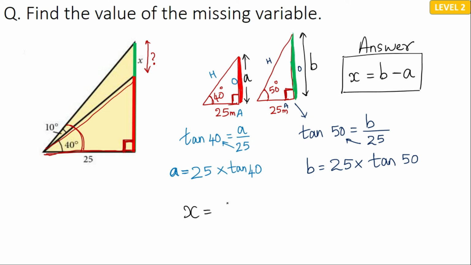X is equal to 25 tan 50 minus 25 tan 40.